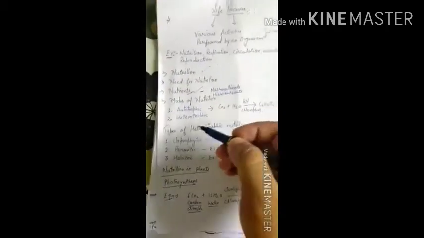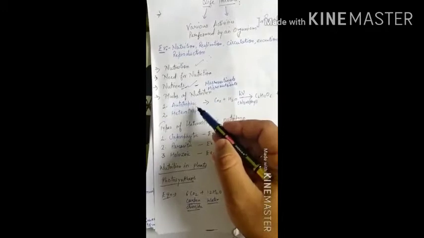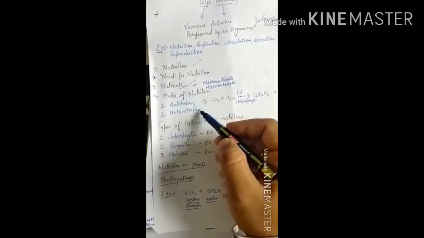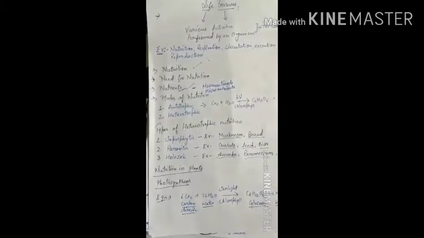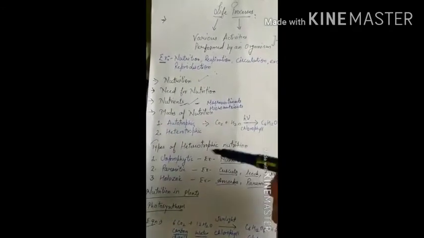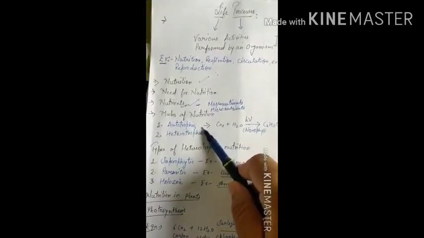Now we can talk about the various modes of nutrition, that is the autotrophic mode of nutrition and the heterotrophic mode of nutrition. Firstly, what is the autotrophic mode of nutrition?